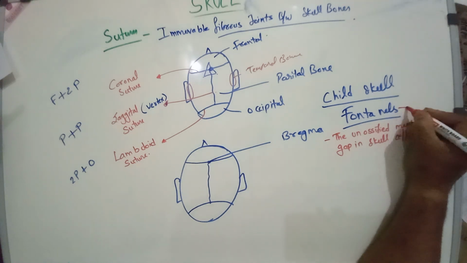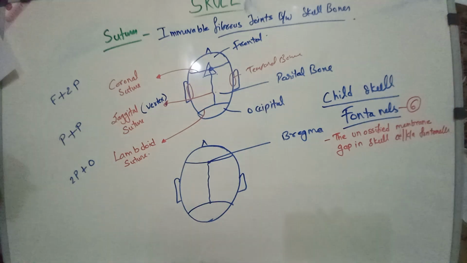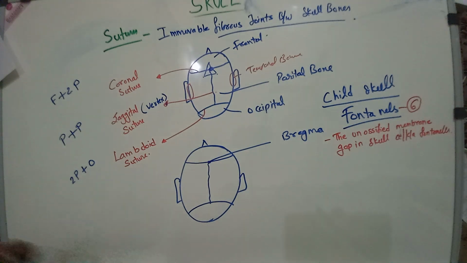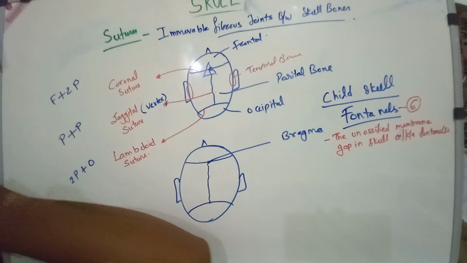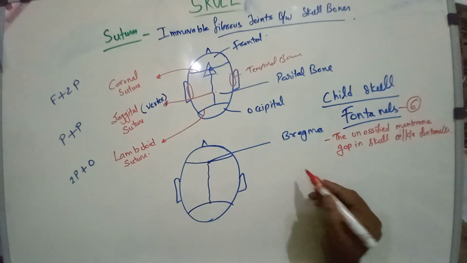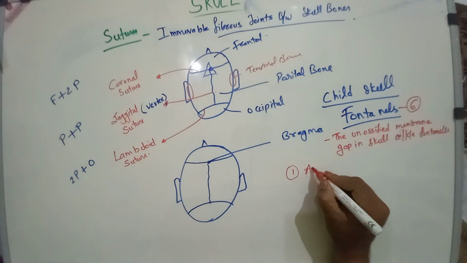How many are there? They are 6 in number. Let's discuss why they are 6. First one is the anterior fontanelle.